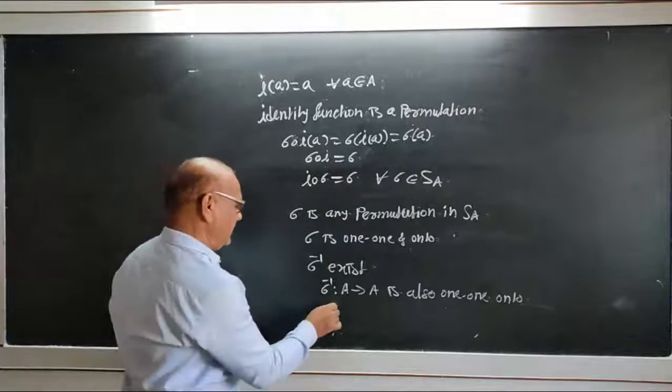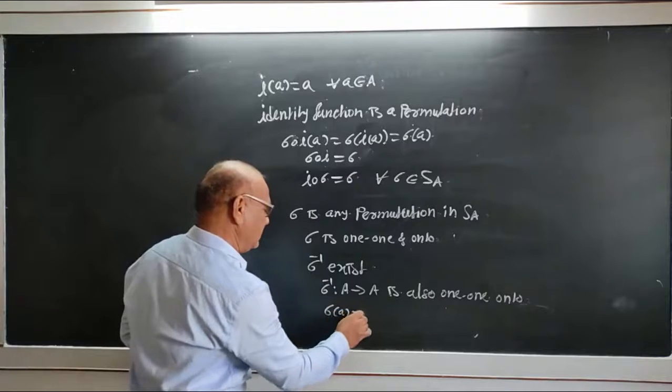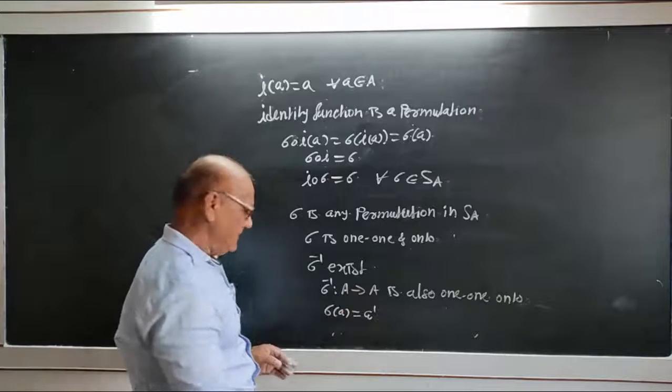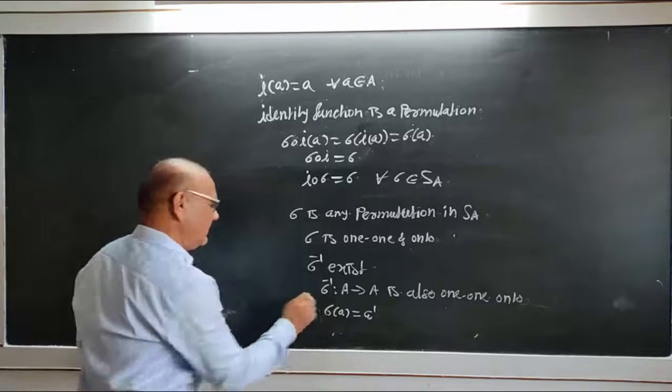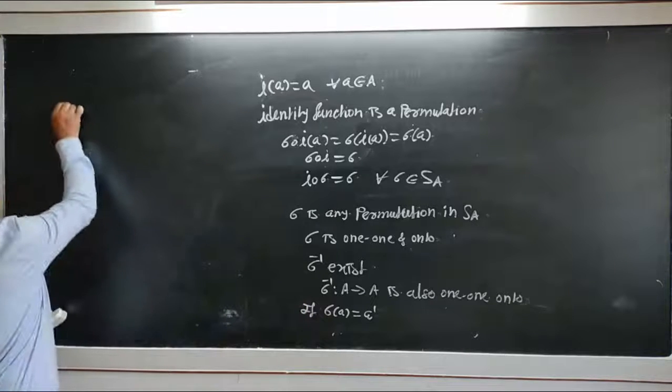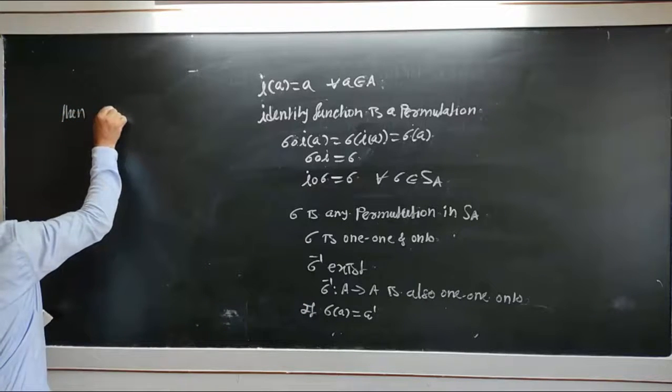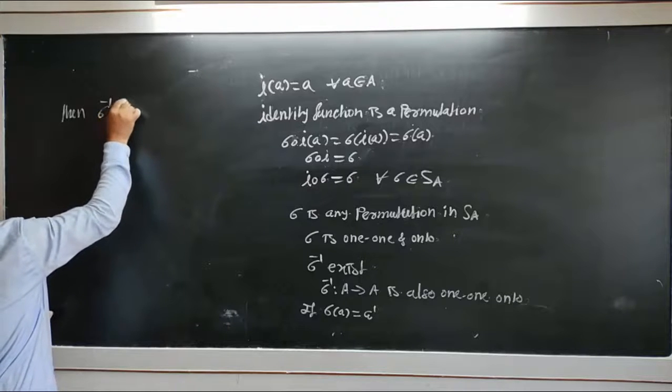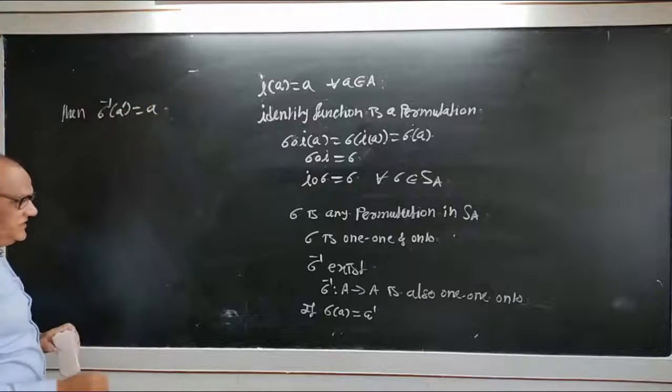And here, if sigma of a is equal to a dash, then sigma inverse of a dash is equal to a.